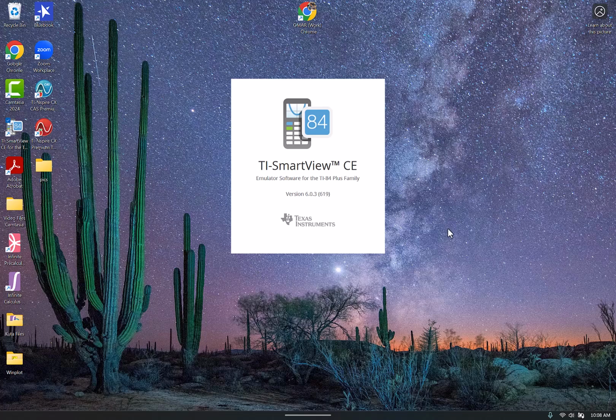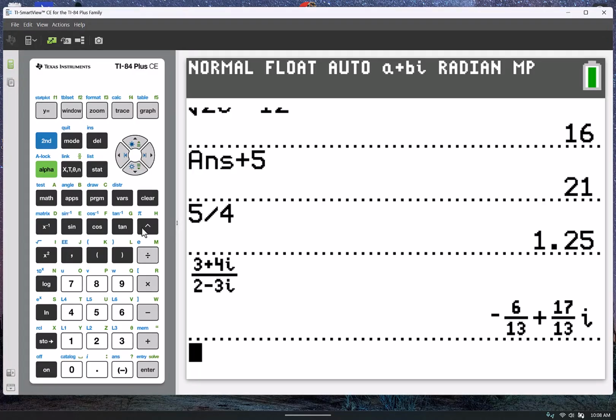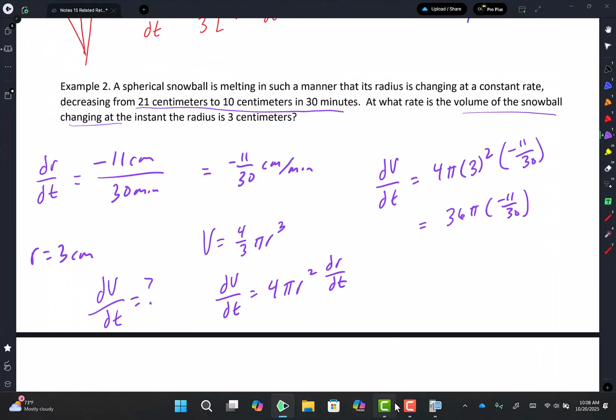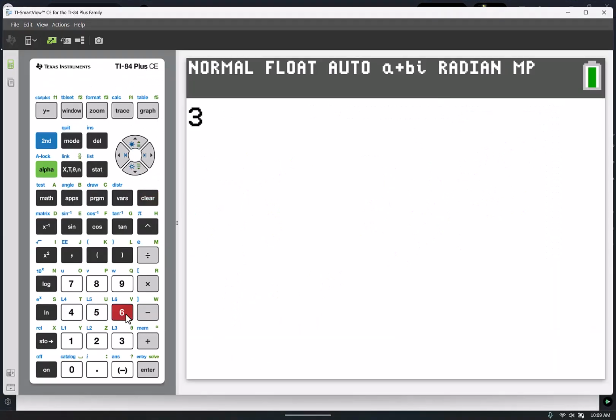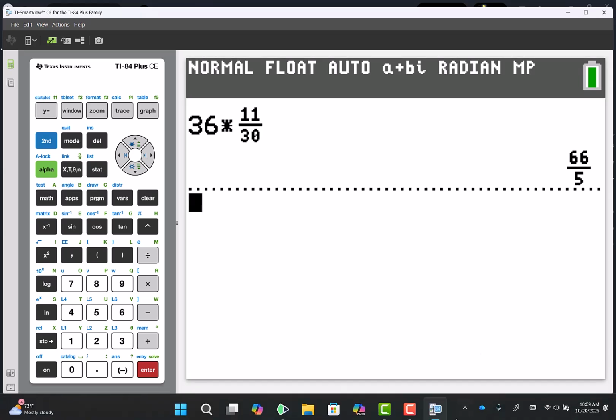That's a beautiful picture. There it is. I'm going to put a pi on it and a negative.